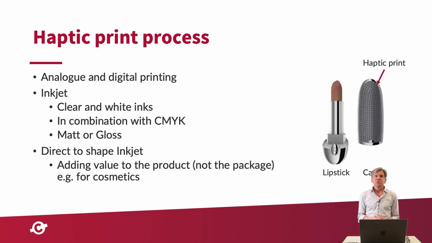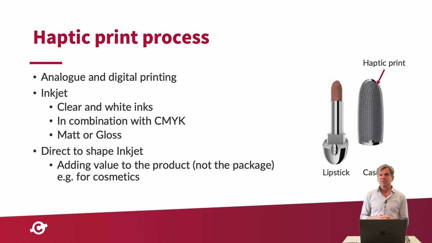How do you actually do that? So you can do that using analog or digital print, and these days quite often you're using digital print for it, meaning inkjet. You can combine it with color, with inks. You can combine it with CMYK, matte or gloss. And typically you either have it as a packaging or you even have it as part of a product.